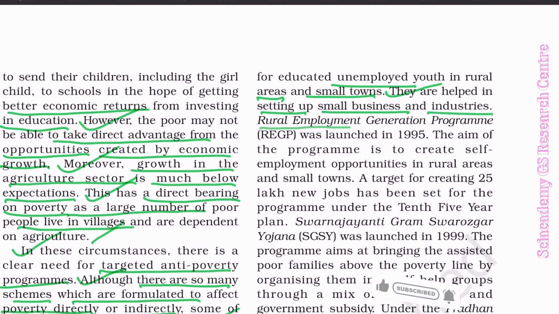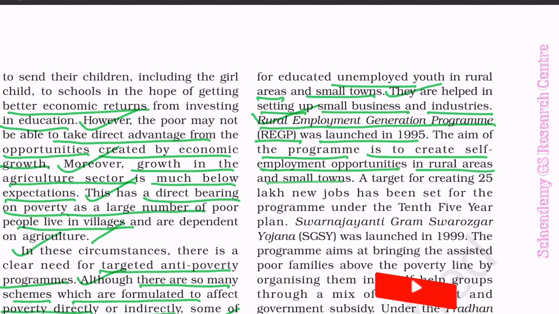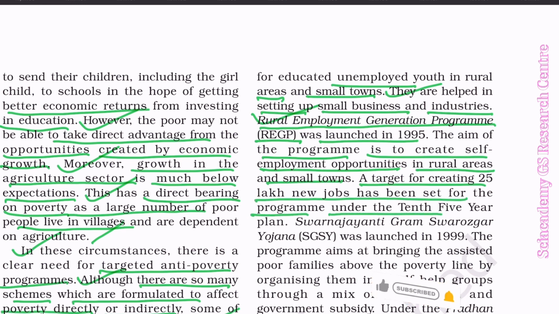Rural Employment Generation Program (REGP) was launched in 1995. The aim of the program is to create self-employment opportunities in rural areas and small towns. A target for creating 25 lakh new jobs has been set for the program under the 10th five-year plan.